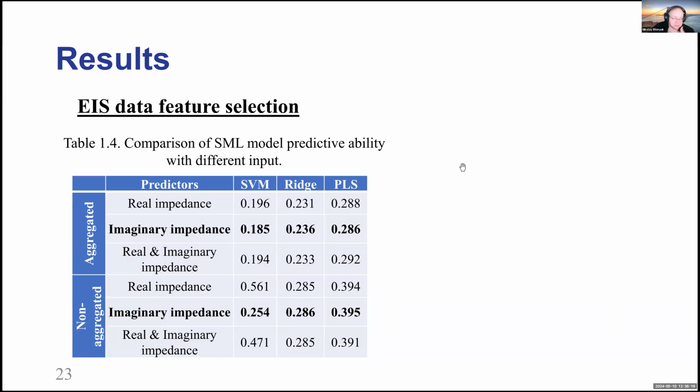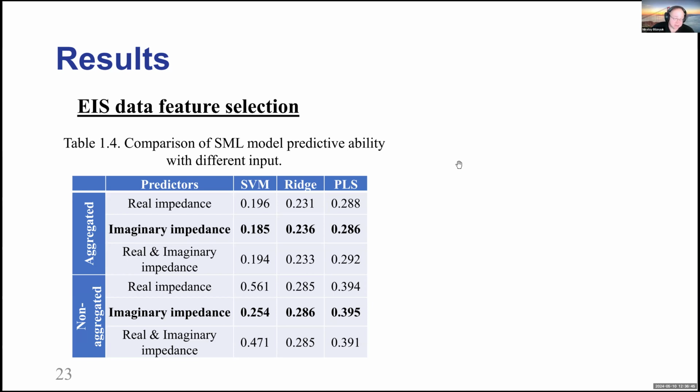Another bit of results, although secondary, is whether we need both curves, the real impedance and imaginary impedance. Based on our investigations, it appears that the impact of real impedance is negligible if we are already using imaginary impedance.